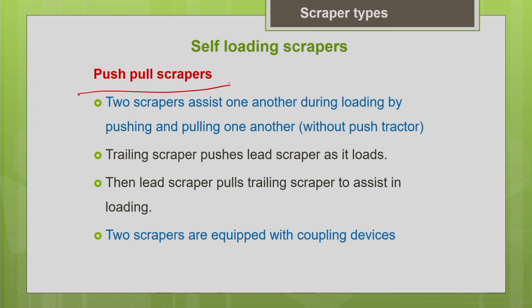The another type of the self-loading scrapers is your push-pull scrapers. Here, these machines are not going to take the help of another machine, like a pusher, but, for example, the scrapers which are employed in a project site. They will do a teamwork. Teamwork in the sense, if there are two scrapers, one is in the leading position, the other one is in the trailing position.